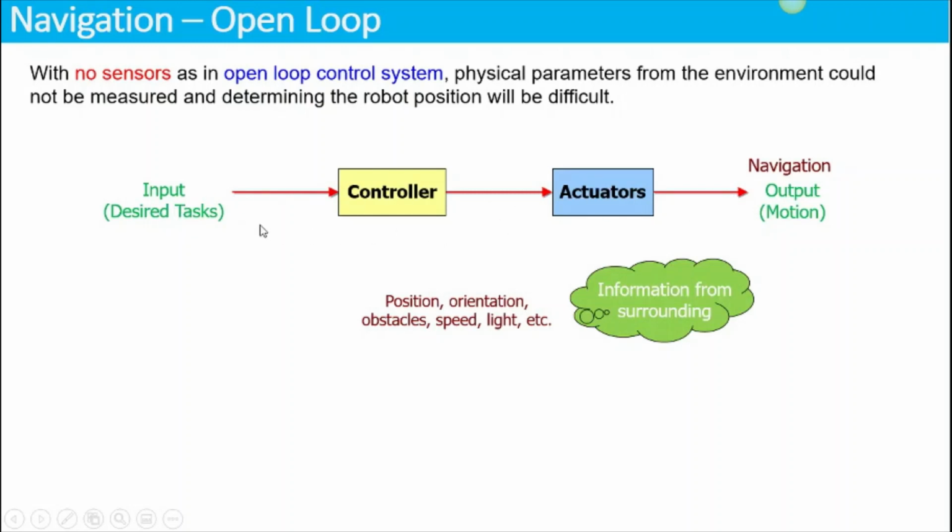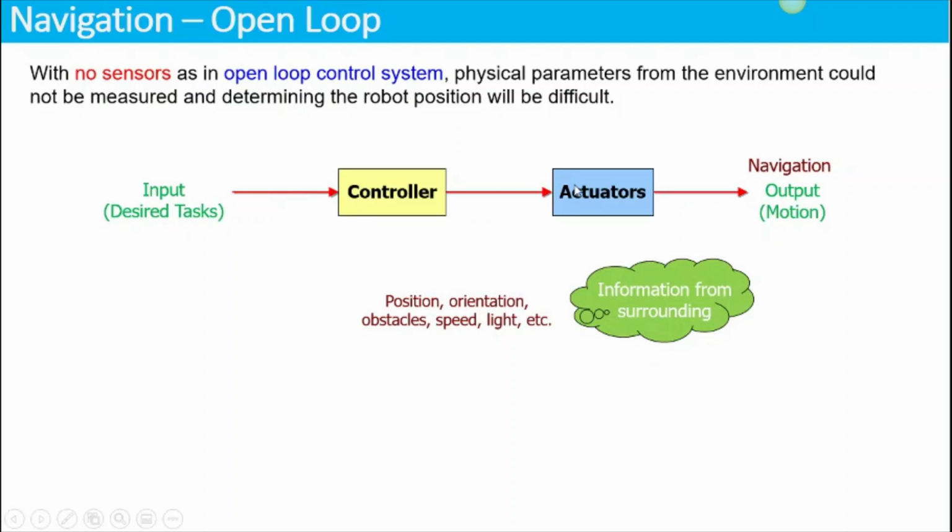Okay, so in the open loop system, you have the input. For example, you want your mobile robot to move forward, so you just give a signal to the controller, and then the controller will invoke another signal to the actuators, and the actuators will just produce the forward motion. But in your environment, in your surroundings, there is information that you can use to determine the position of the robot.